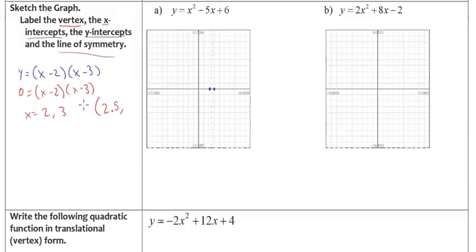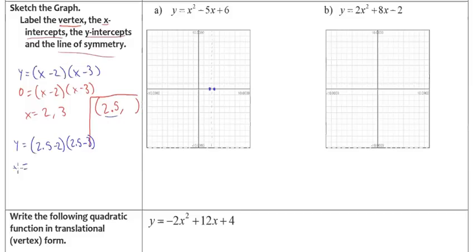Now, as far as finding the actual vertex itself, so we got our x value. How do we know where our y value is at? We're going to plug it back into the equation. And it looks like in its factored form will maybe be a little bit easier here. So we have y equals 2.5 minus 2 times 2.5 minus 3.